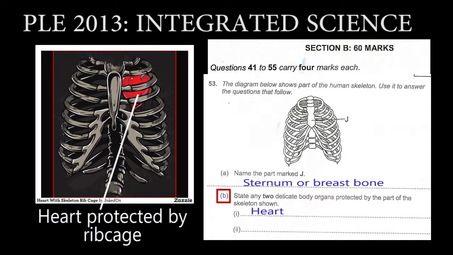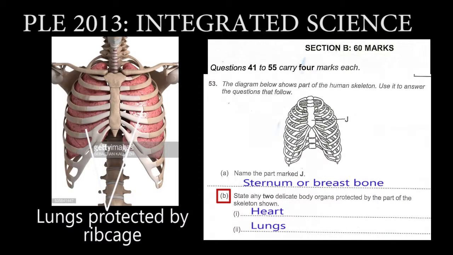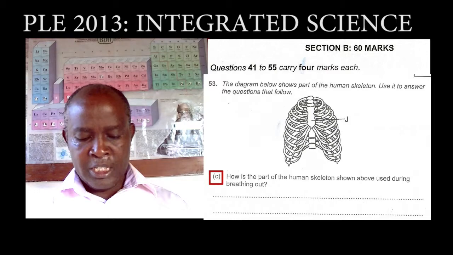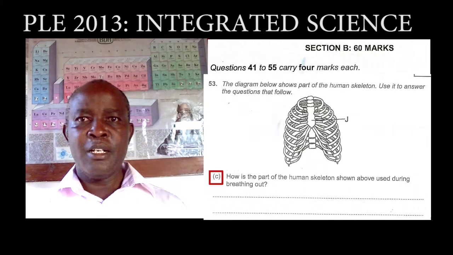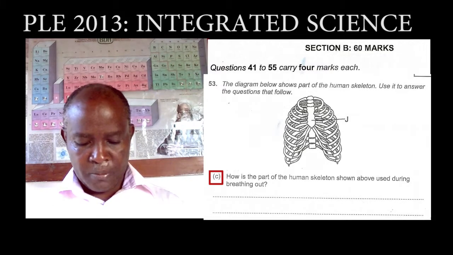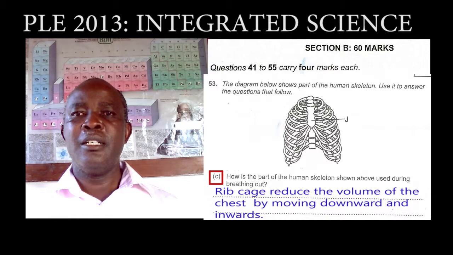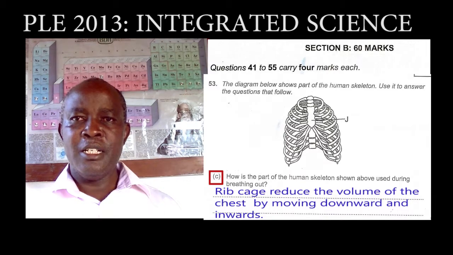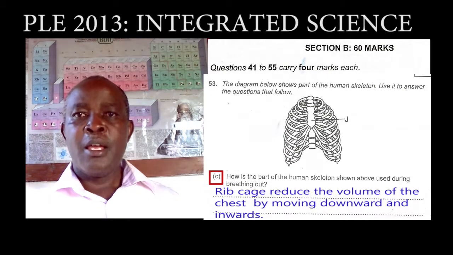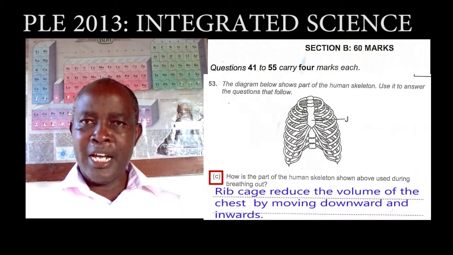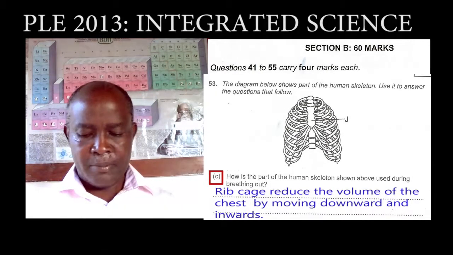That is the heart and lungs. C. How is the part of the human skeleton shown above used during breathing out? The rib cage reduces the volume of the chest by moving downwards and inwards.